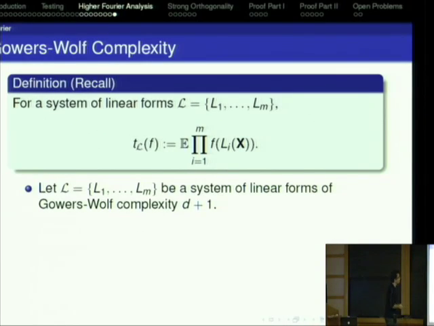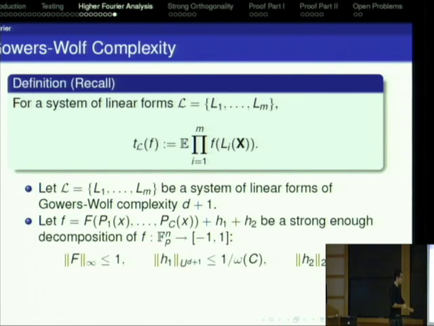Let me finally say what this Gowers-Wolf complexity is. Consider a system of linear forms L, which is L1 to Lm, and let's look at this expected value that we defined before, T sub L of F. Now, if the system has Gowers-Wolf complexity d plus 1, then if you use a strong enough decomposition using the previous decomposition with strong enough parameters, then TL of F will be approximately the same as TL of this structured part.